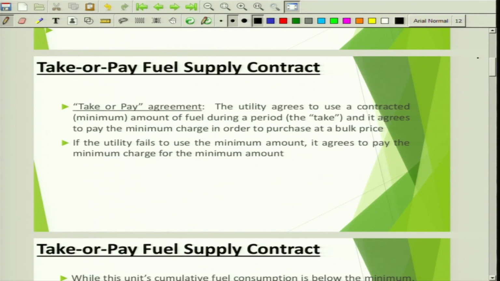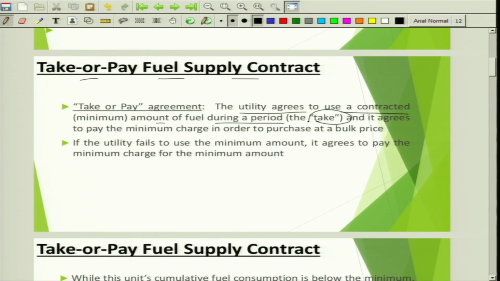Now there is a term called take or pay fuel supply contract. What it means? The utility agrees to use a contracted minimum amount of fuel during a period, that is called as take. That means there is an agreement between the fuel supplier and the owner of a generation company.